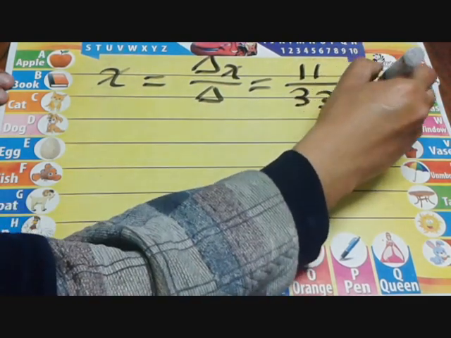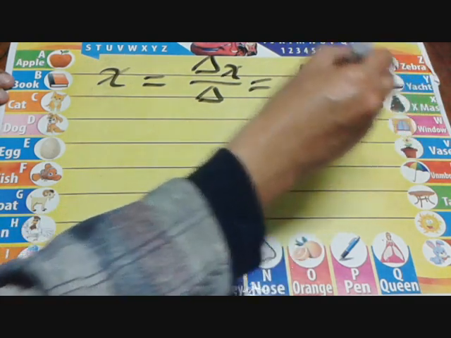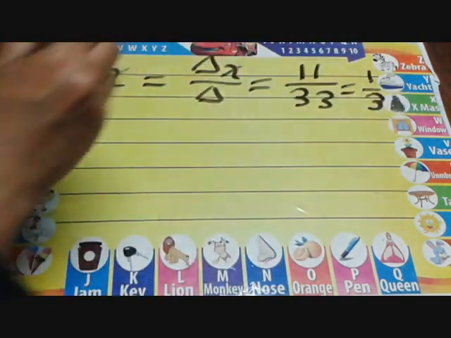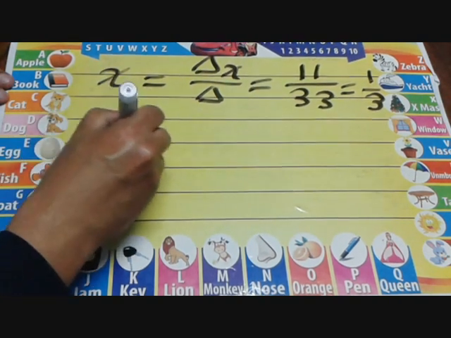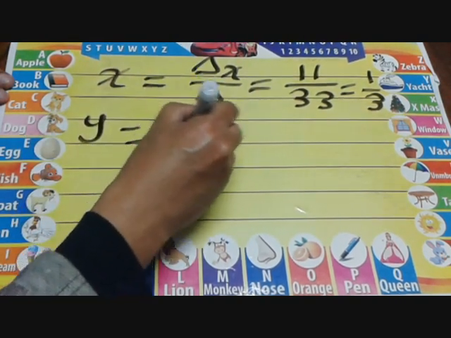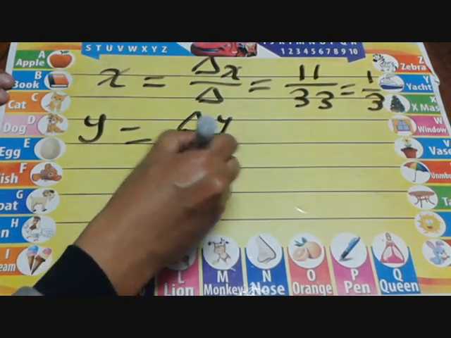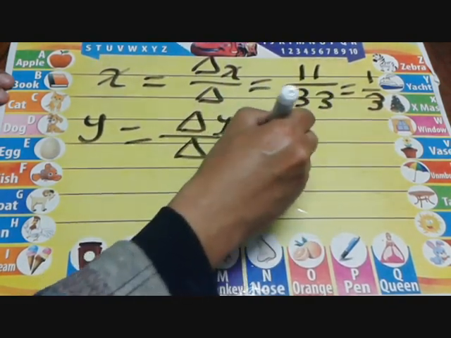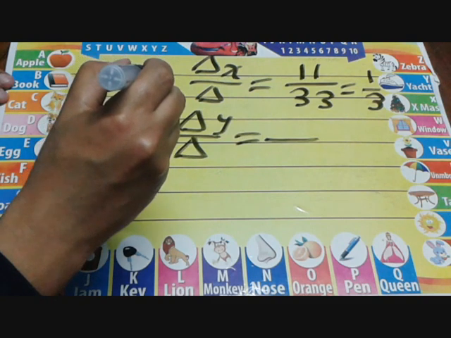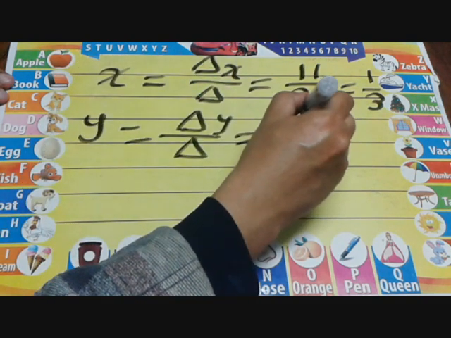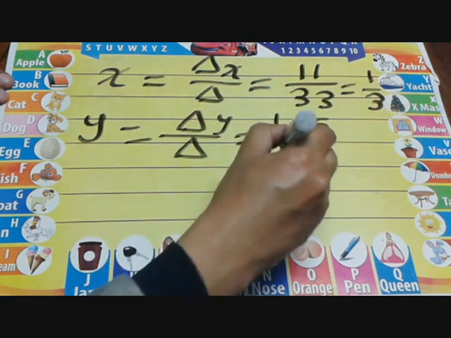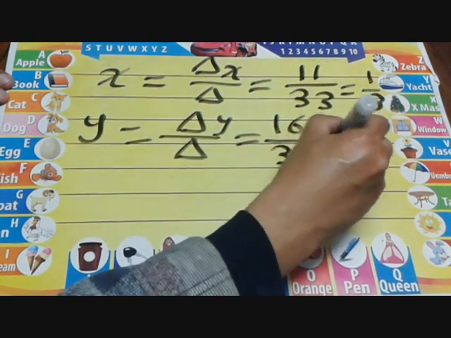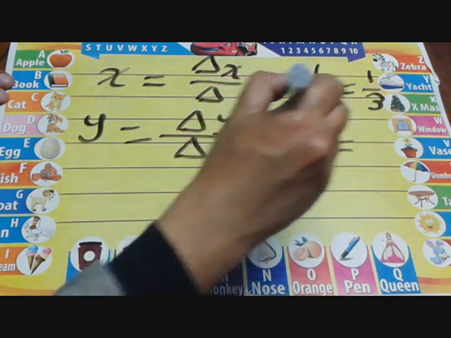You obtain 1 over 3. What is the value of y? Delta y over delta equals 165 over 33 equals what? Equals 5.